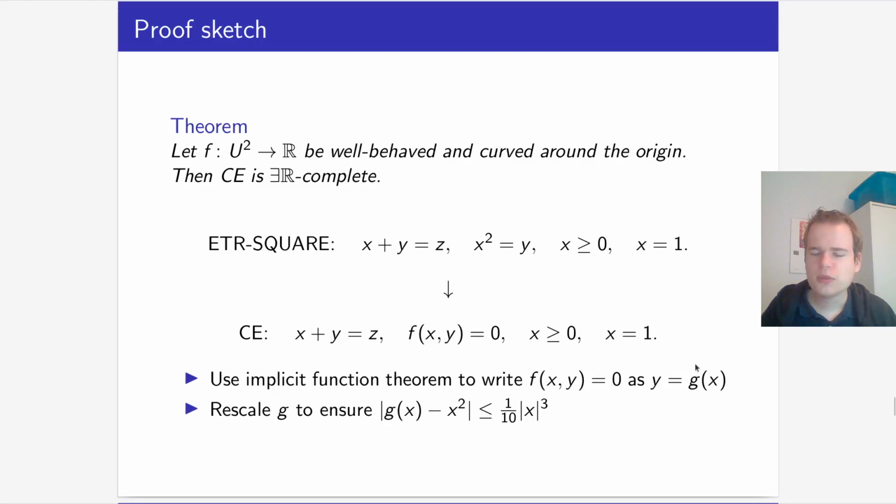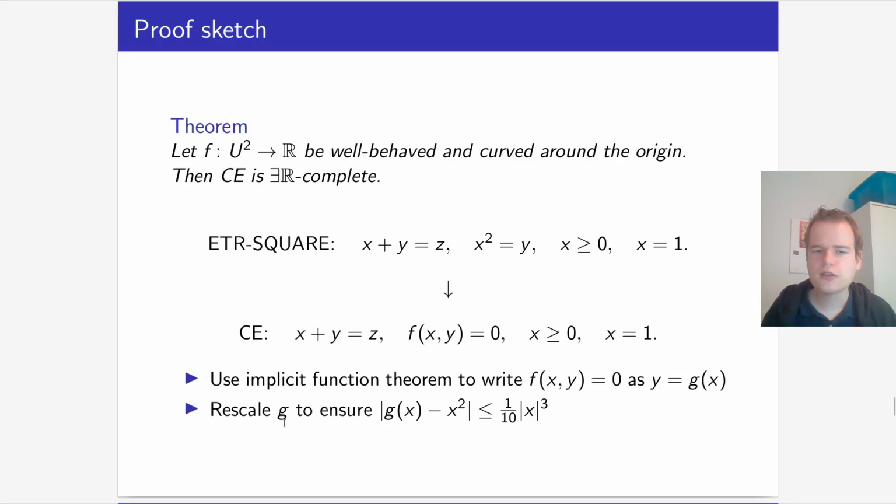Now we can look at the Taylor expansion of this g, and note that we required this f to be curved, so we want its curvature at the origin to be non-zero. What this means for g is that the second derivative of g is non-zero, so its Taylor expansion has a non-zero coefficient before x squared.